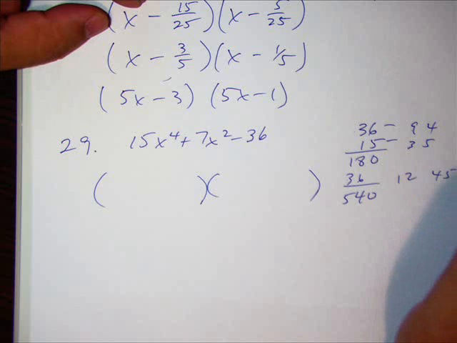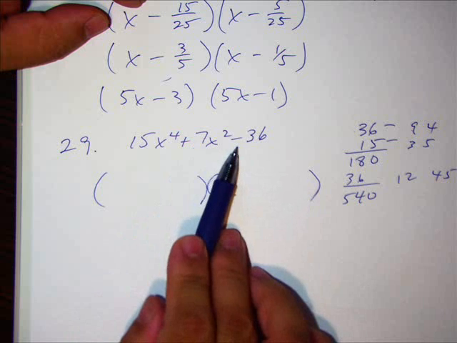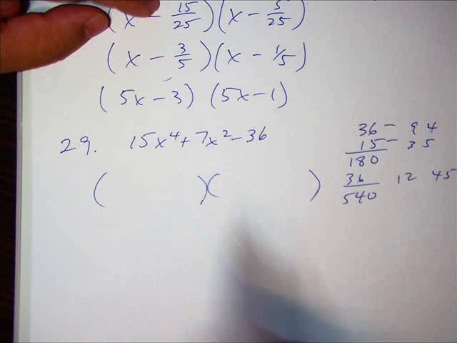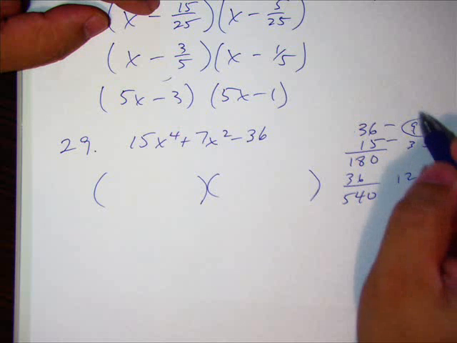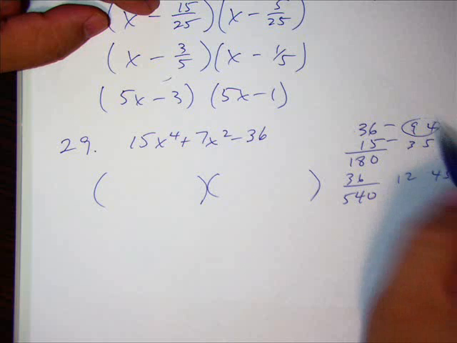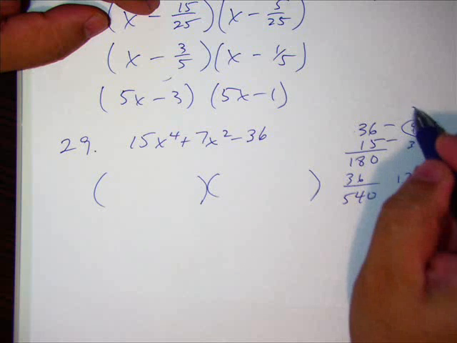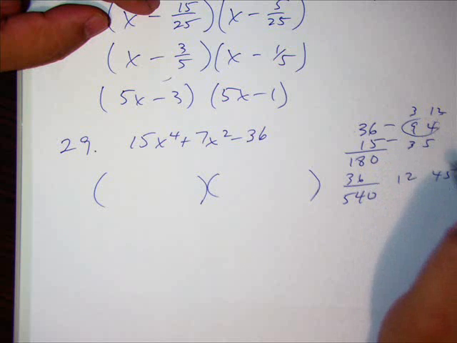Well, that didn't work. Remember, my goal is to get 7. And because it's a negative 36, they have to subtract to make 7. So that's not good enough. So maybe these numbers are too big. That's what I'm thinking. Oh, they're not close enough. Let's see. How about 3 and 12? 12 times 3 is 36. 3 times 5 is 15. That's still too far.